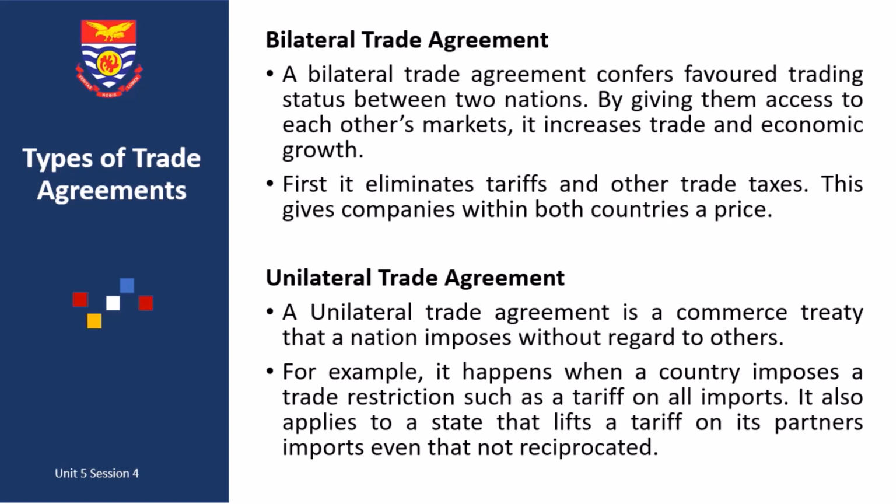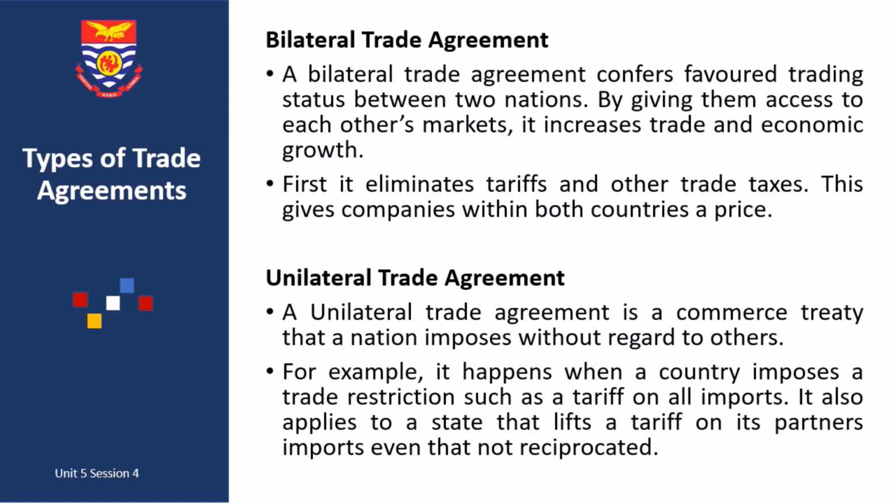Then we come to the unilateral trade agreement, which is a trade agreement or commerce treaty that a nation imposes with regards to others. For example, it happens when a country imposes a trade restriction such as tariffs on all imports, and it also applies to a state that lifts a tariff on its partners' imports, even if they do not reciprocate.